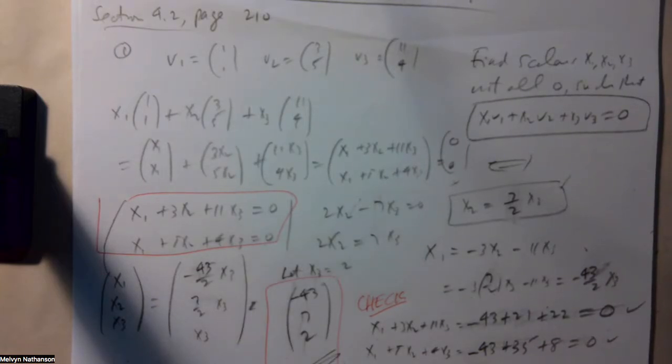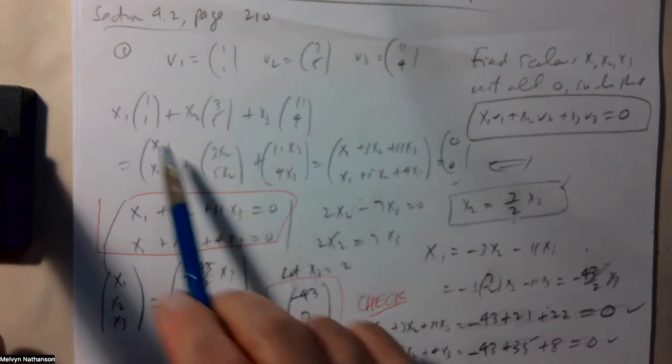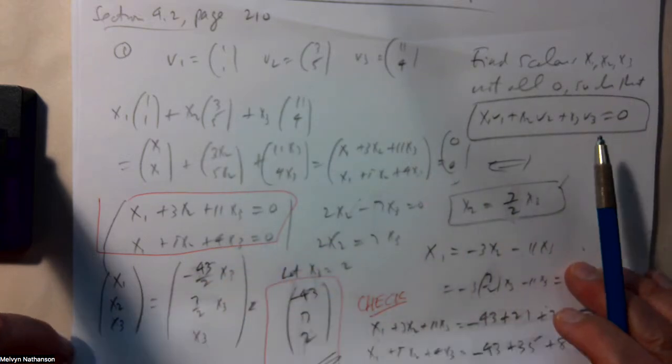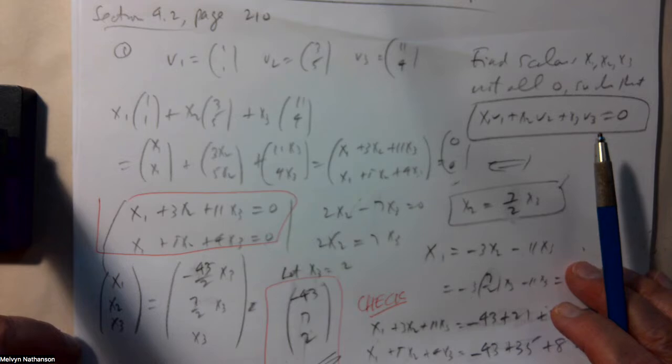So I solved the problem. This is a vector x1, x2, x3 of scalars, and those scalars are such that this linear combination of vectors is the zero vector.